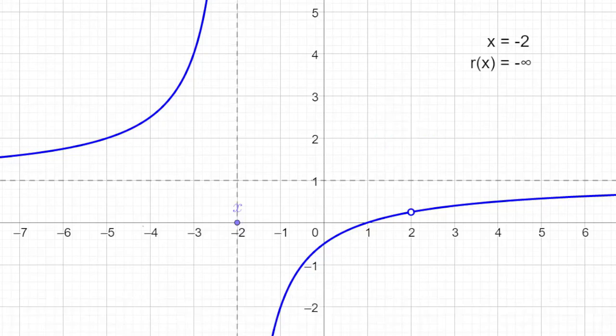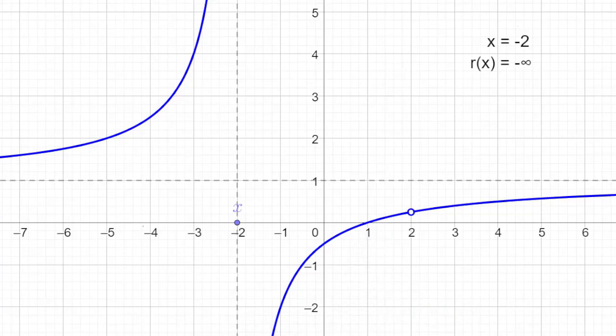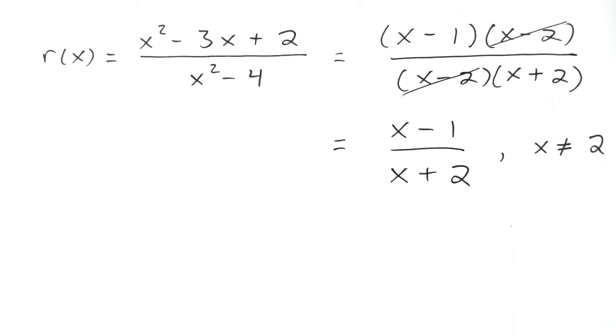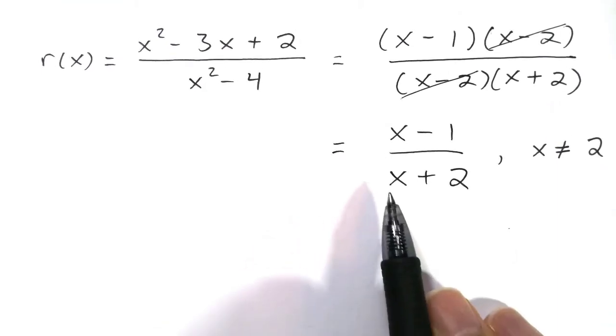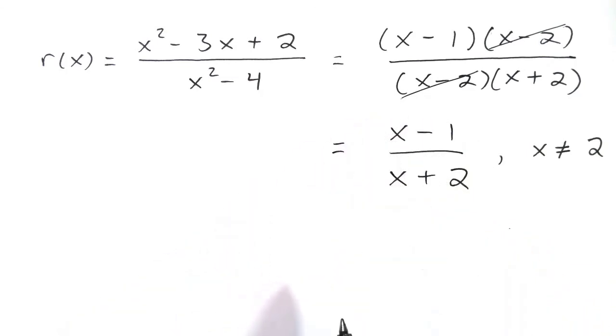One final thing we can do here is talk about the x-intercepts. How do we find the x-intercepts? We can see the x-intercept right here at the point 1, 0. How do we find that? By looking at the expression. Well, that's pretty simple. We are just looking for where the expression ends up equaling 0. Right?